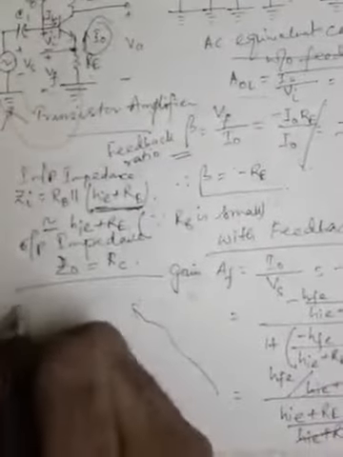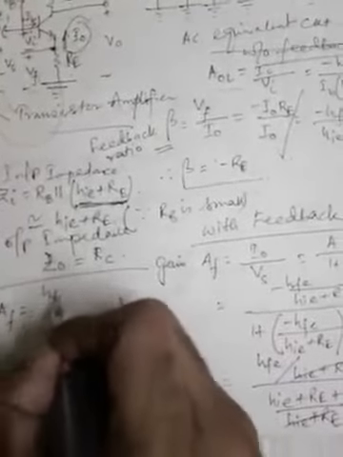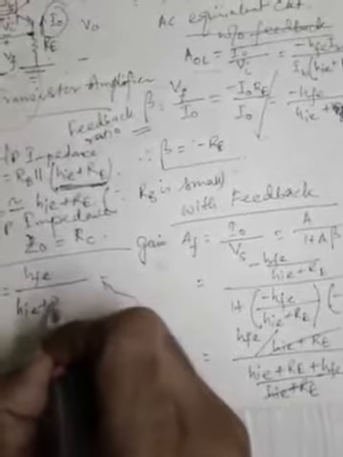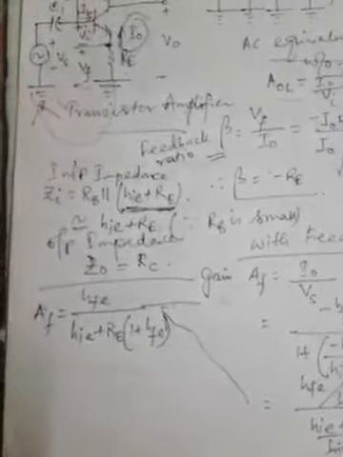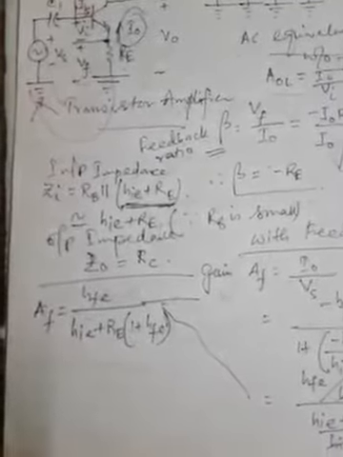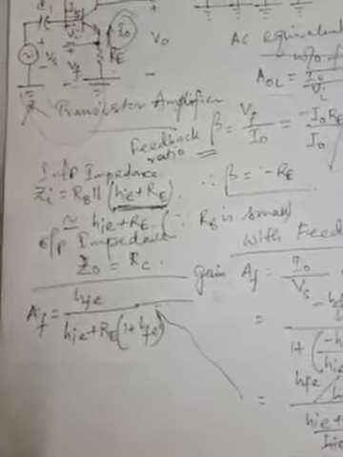Now the HIE plus RE term is cancelled out, so AF should be HFE divided by HIE plus RE in common, 1 plus HFE. So this is the value for AF, HFE divided by HIE plus RE into HFE.